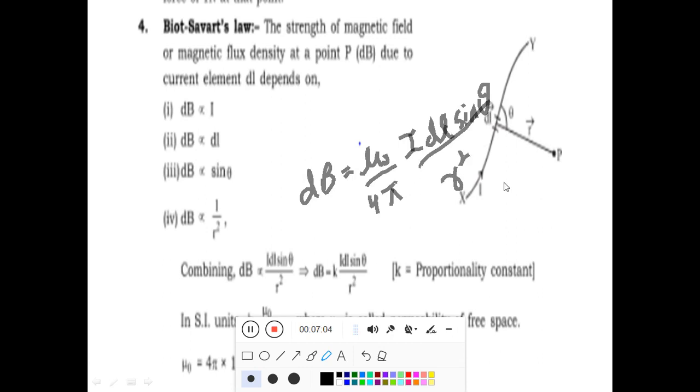So this would be the mathematical form of Biot-Savart's law, where mu naught is permeability of free space. It means the property of a material to determine how many magnetic lines can pass through it. That is the permeability of any medium. So it is just like electric permittivity, that was in electrostatics, epsilon naught. Here we have mu naught, permeability.